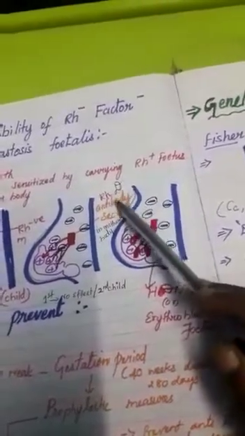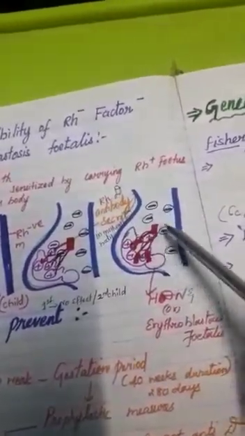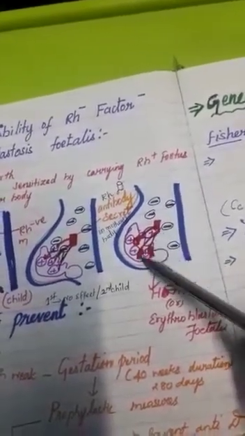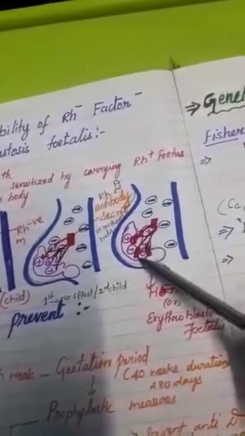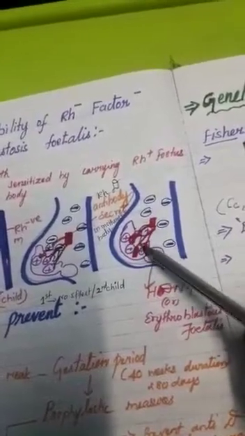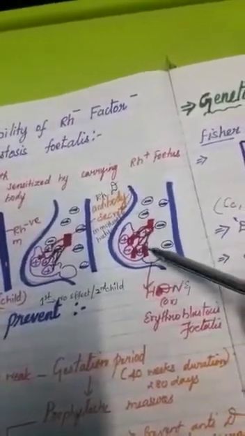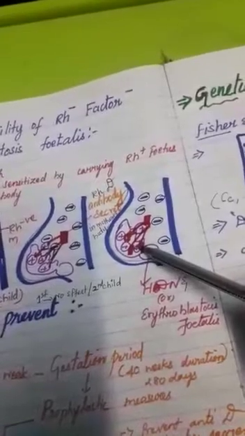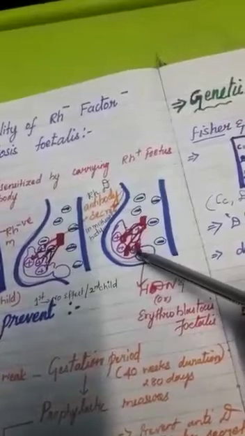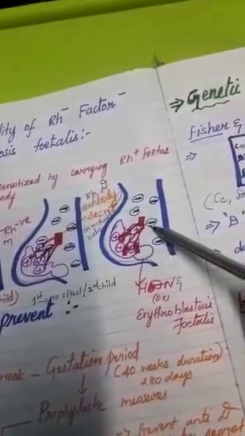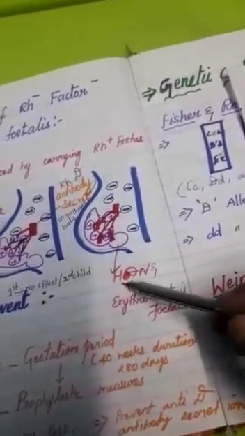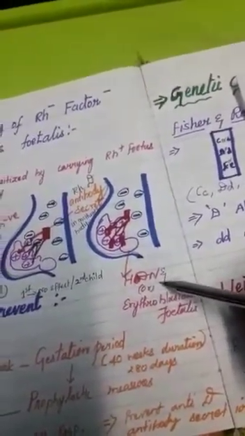These RhD antibodies recognize the Rh antigen of the fetus's body. When the antibodies enter the fetal circulation, it usually causes hemolytic disease, breakdown of the fetal blood. So the Rh negative mother's body cannot carry a second or third child. This disease is termed erythroblastosis fetalis, hemolytic disease of the newborn.